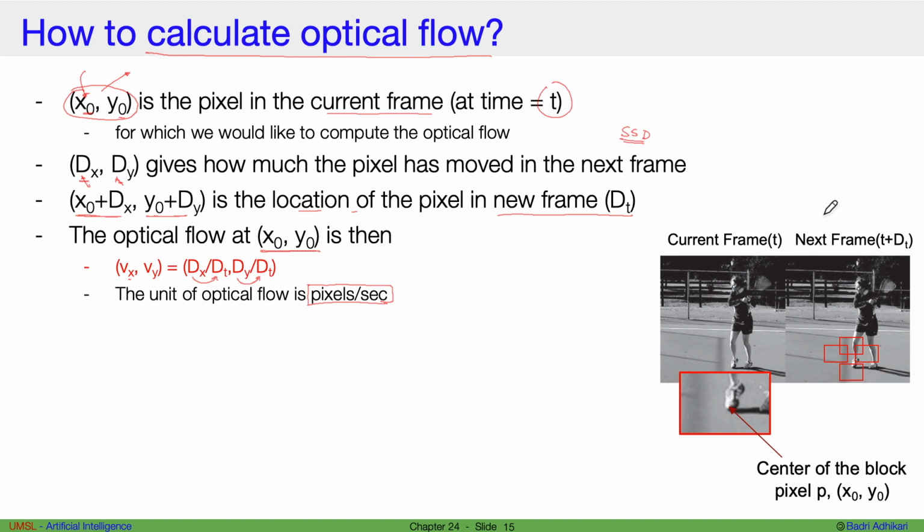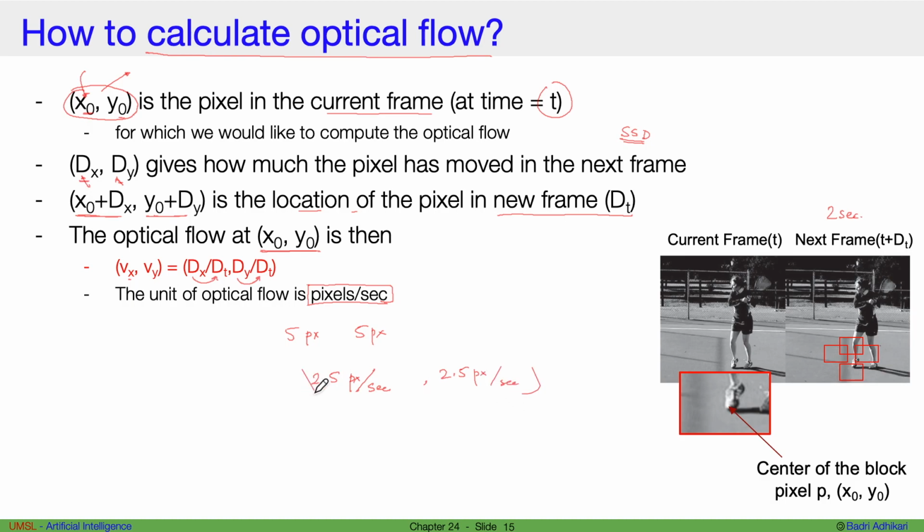So if the time to the next picture was 2 seconds, and we get dx as 5 pixels and dy as also 5 pixels, then my optical flow will be 2.5 pixels per second, comma 2.5 pixels per second.